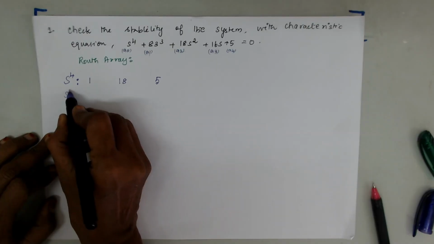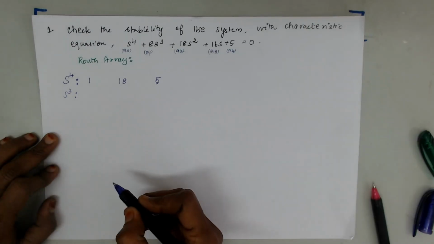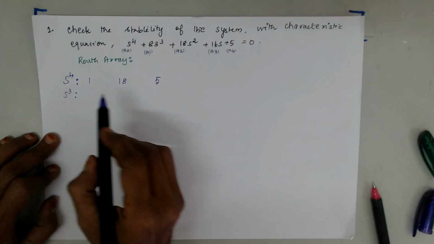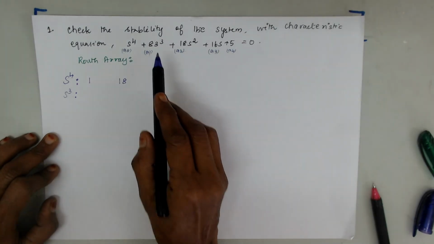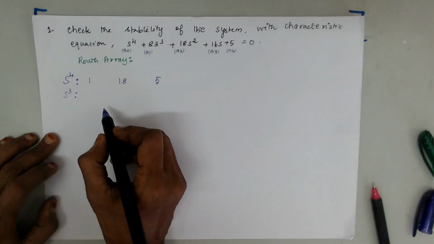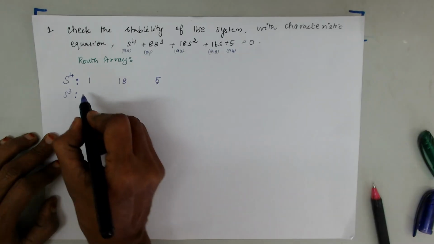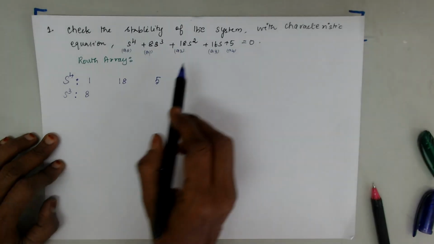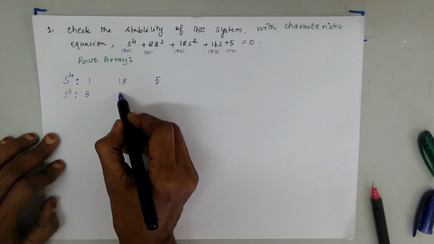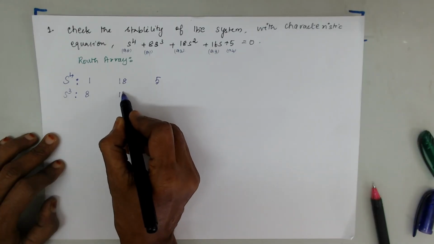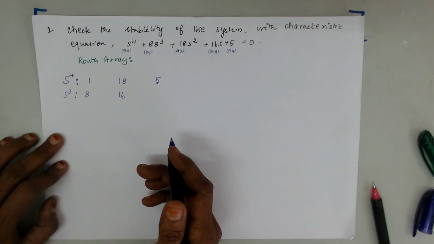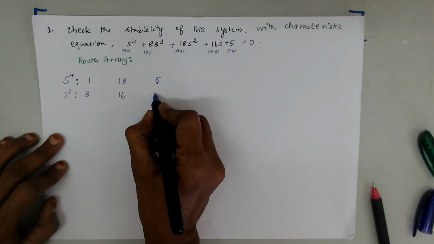Then construct s3, that is Sn minus 1; here Sn is 4, so Sn minus 1 is 3. It is constructed by taking the odd powers of s. So it is 8s cube plus 16s, so a1 is 8 and a3 is 16. After that we don't have any terms, and if you don't have any term, you can fill that up with a 0.